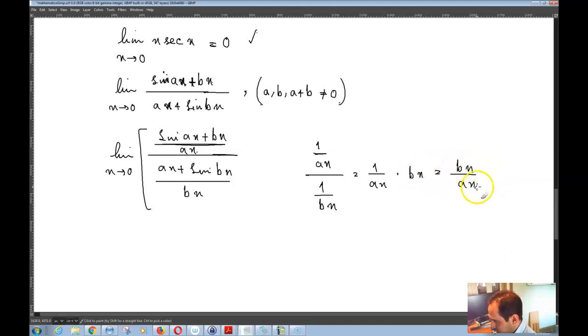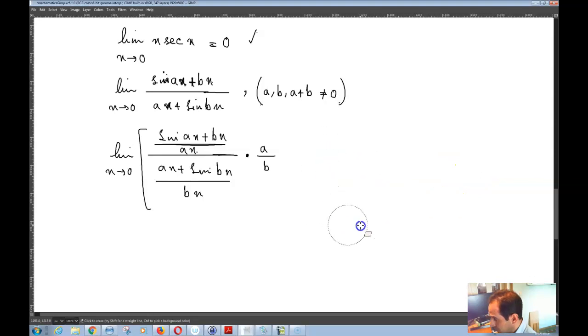So I have multiplied this whole fraction by bx over ax. To cancel that out, I multiply this by ax over bx, which is simply a over b. So now I haven't made any changes to the expression itself.